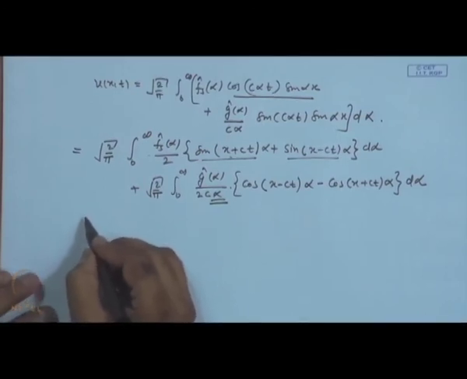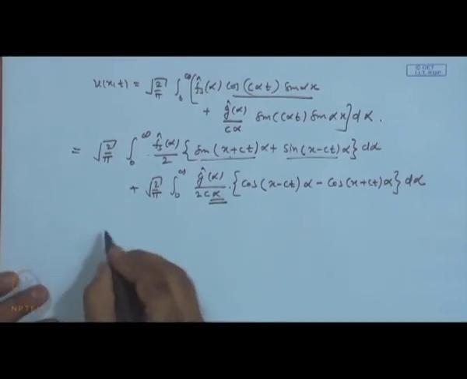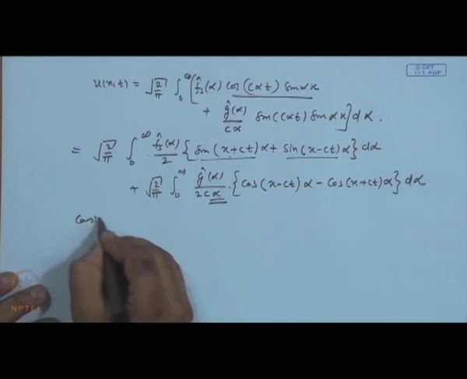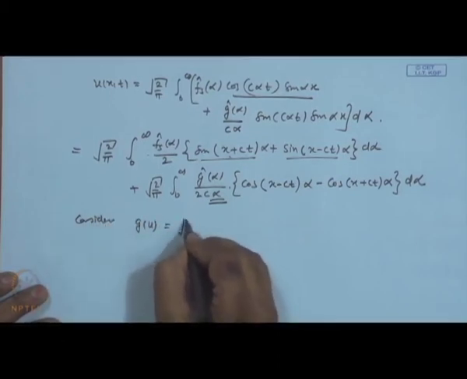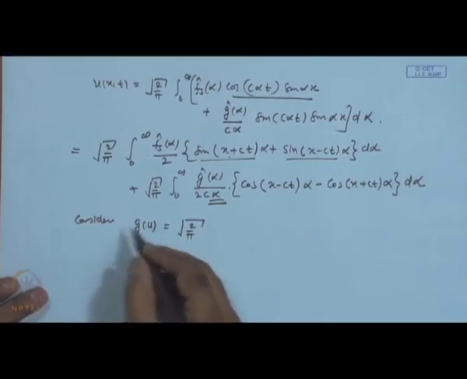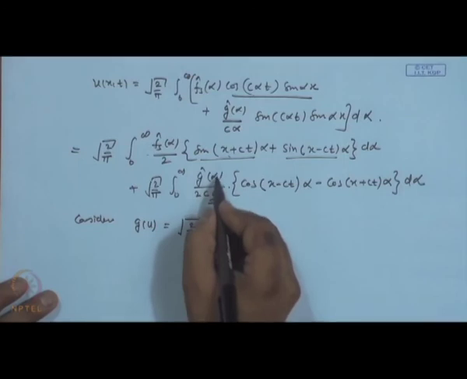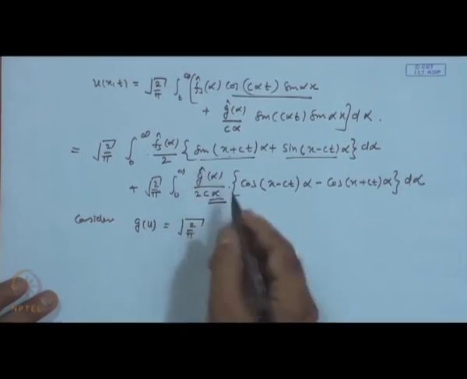So, in this case what we take, consider a function g(u). So, g(u) is the inverse Fourier transform of this ĝ(α).